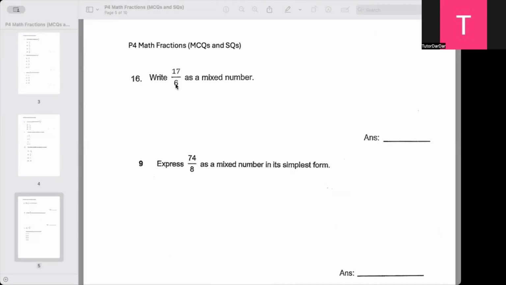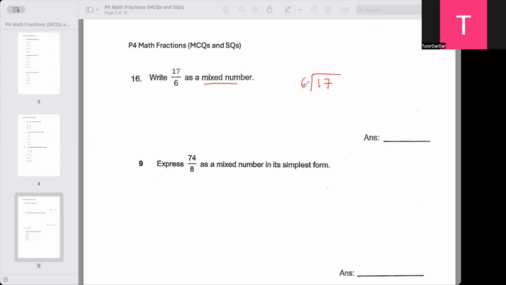Write 17/6 as a mixed number. This is an improper fraction because the numerator is bigger than the denominator. So to convert this improper fraction to a mixed number, we will do the numerator, which is 17, divided by the denominator, which is 6.